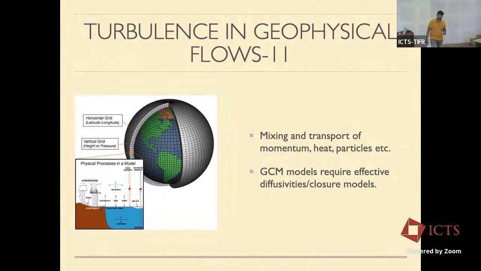And because of numerical constraints, people resort to parameterization, right? So you try to relate small scale fluctuations, some kind of Reynolds stress tensor, to the background gradients through some effective viscosities, right?